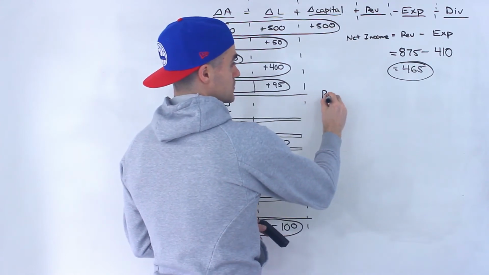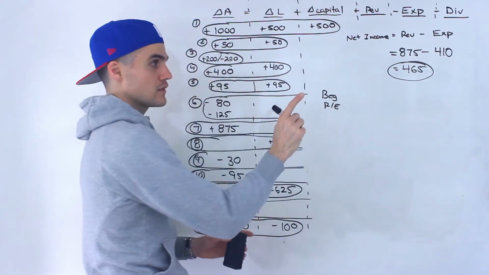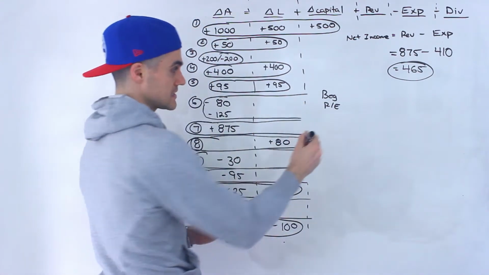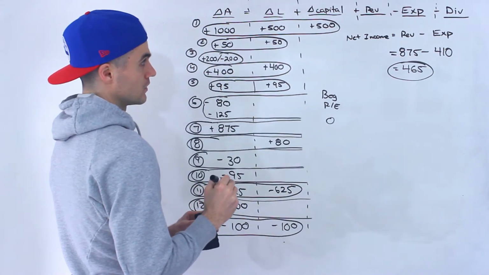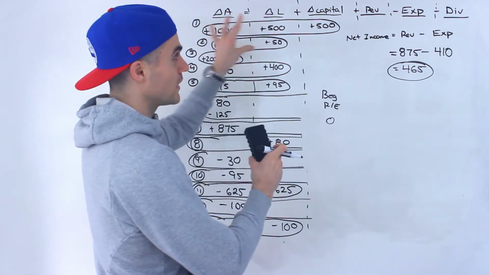Basically what happens is we have beginning retained earnings on the balance sheet at the beginning of the period. However, in this case, because it's a new business, this was zero. It is possible that you could get something like this with a balance sheet that's already at the beginning.